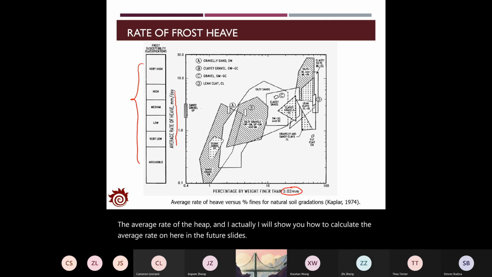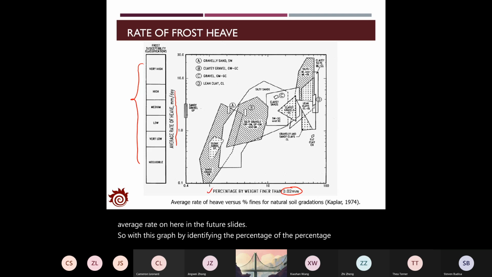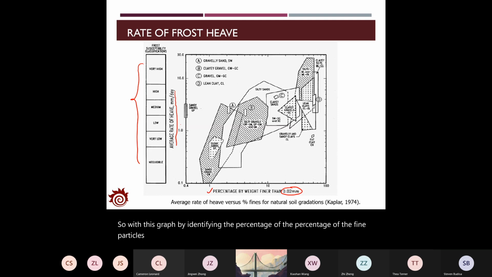So with this graph, by identifying the percentage of fine particles and also the average rate of heave, you can find out whether this material is frost susceptible or not.